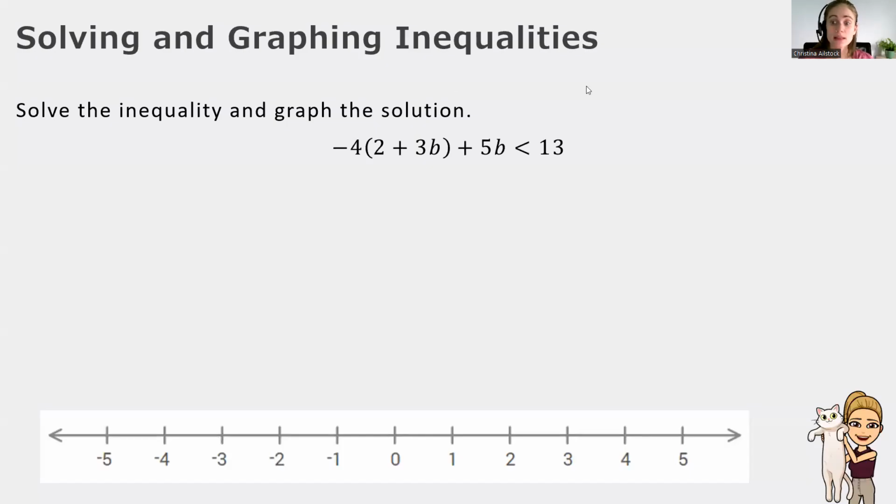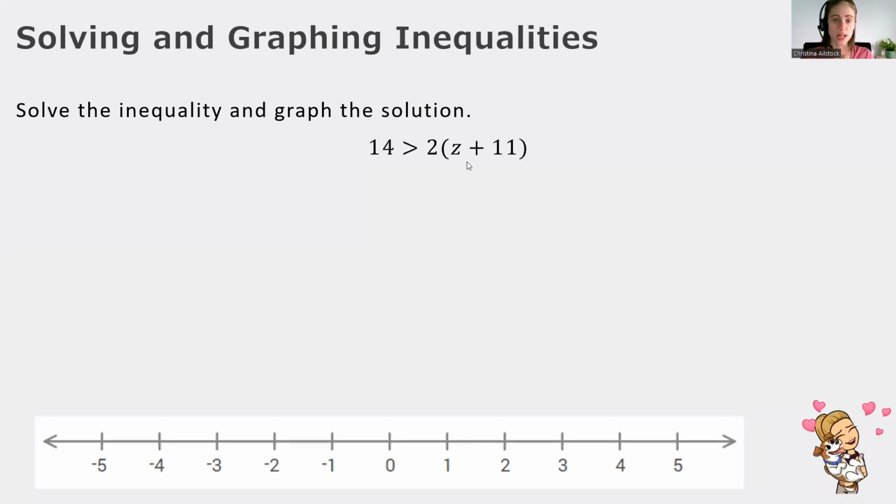So on that last problem, we chose to get rid of our parentheses by dividing out instead of using the distributive property. That worked on the last problem, because if we go back to it real quick, there is nothing else going on. We don't have anything extra that we need to do. We don't have anything extra to simplify.